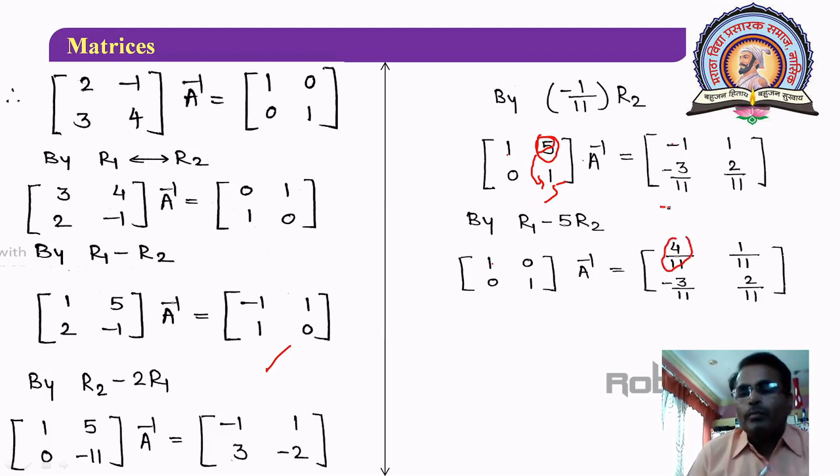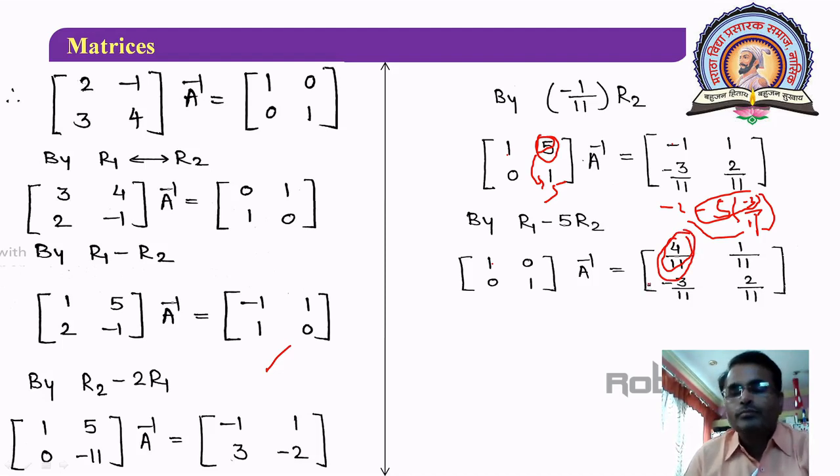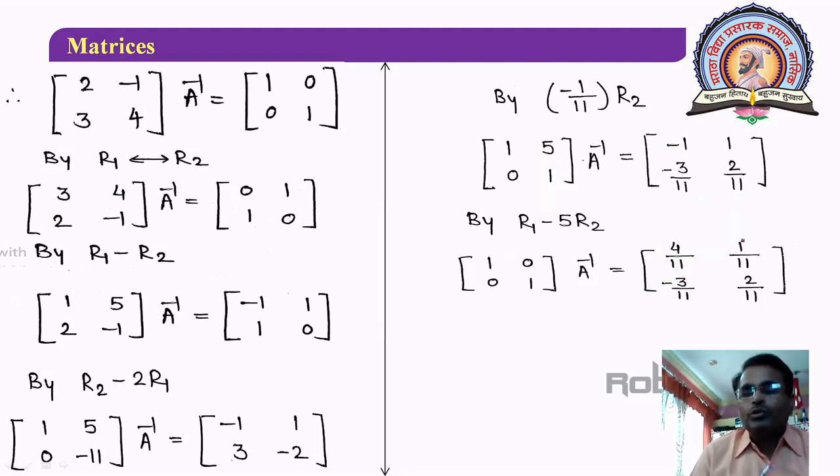See here, minus 1 minus 5 times minus 3 by 11. So what are you getting? This is 11 into minus 1, minus 11, and this is plus 15, minus 11 plus 15 becomes plus 4 by 11. Is that clear? Similarly, at this position you will get 1 by 11. There is no change in the second row, that remains as it is.